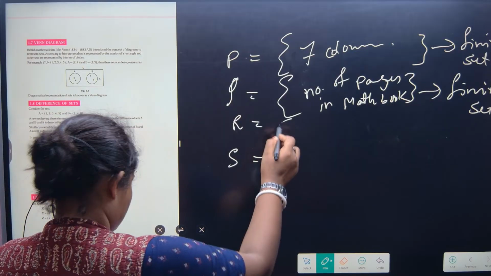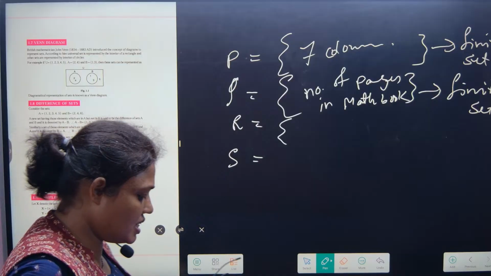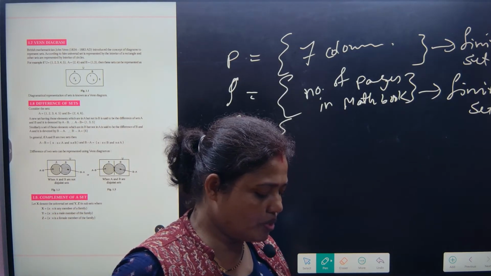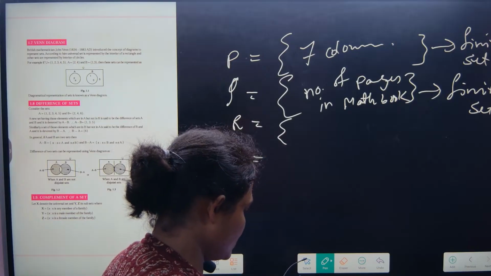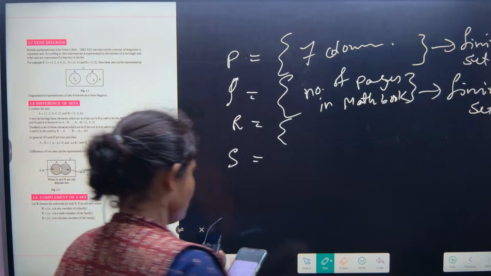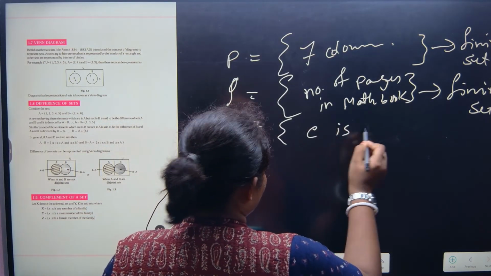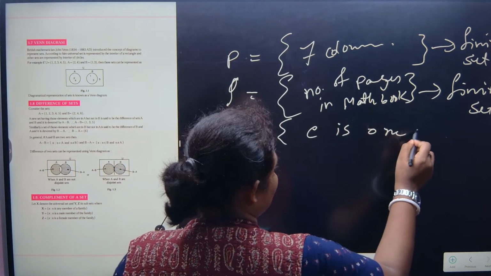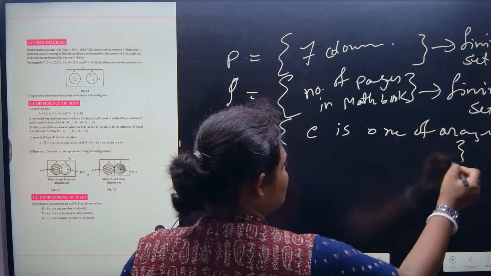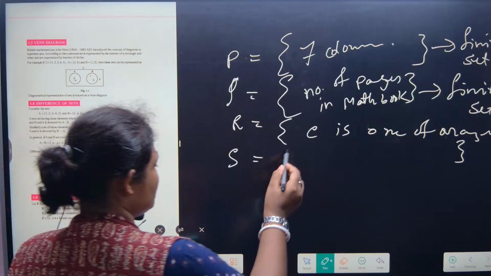Next, R. What is R? They are saying it is the oranges produced in Jamui Hill in 2016. So we can also count the oranges, right?